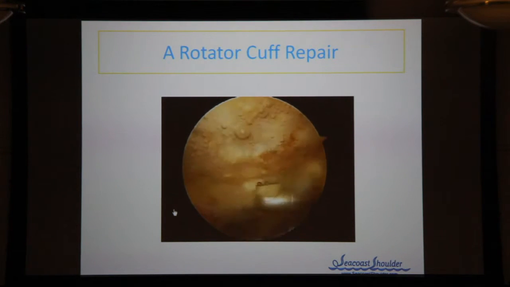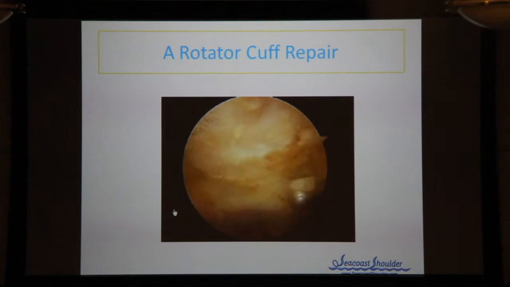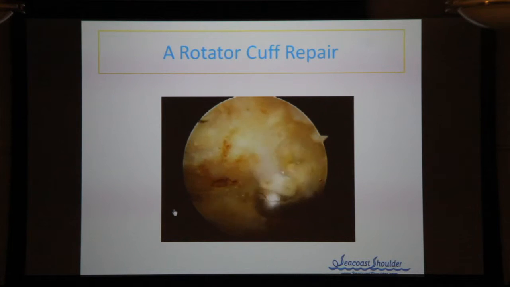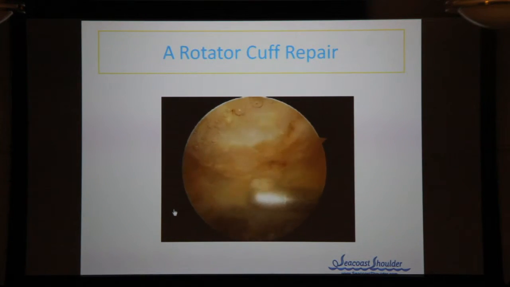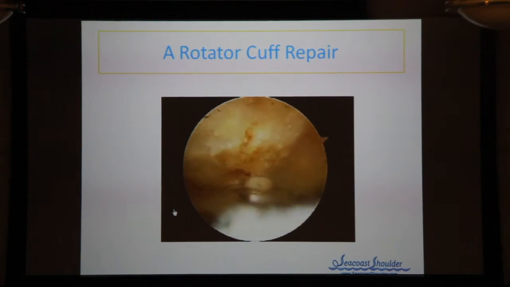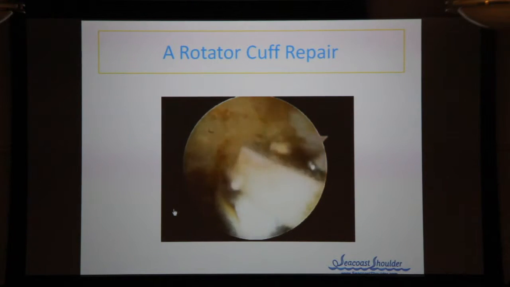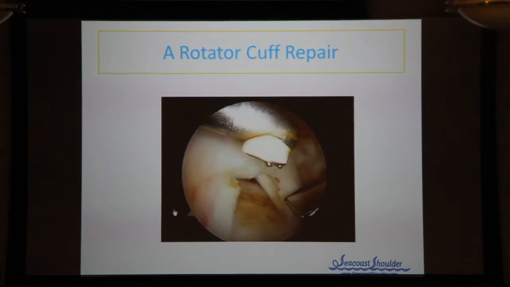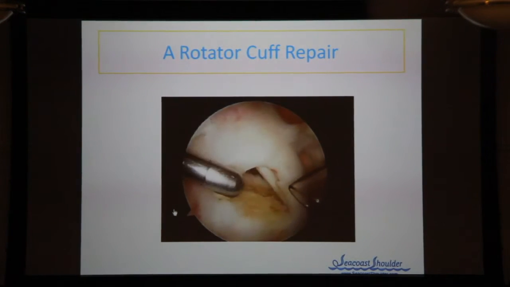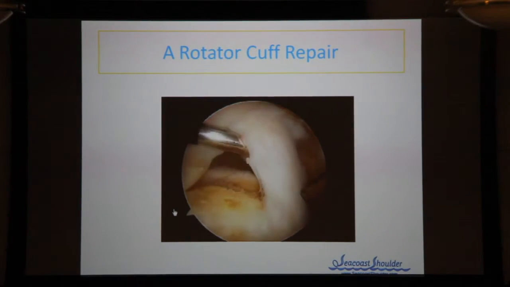So I'm cleaning up underneath the acromion. Getting rid of the bursa. There's a little curve to the acromion up above, and here's the hole in the tendon that we're going to want to sew back down.